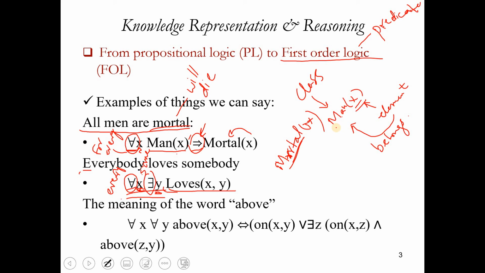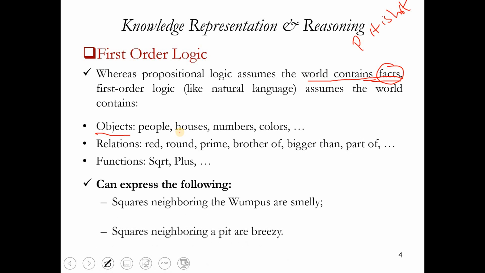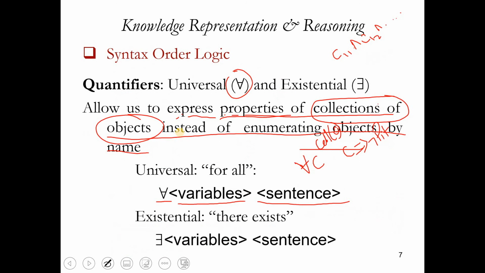For all X belonging to man class, it implies they are mortal. So same thing I will do over here. How will I do it? I will do it like this. For all C belonging to the cell class, I will say that there is no pit. Okay.